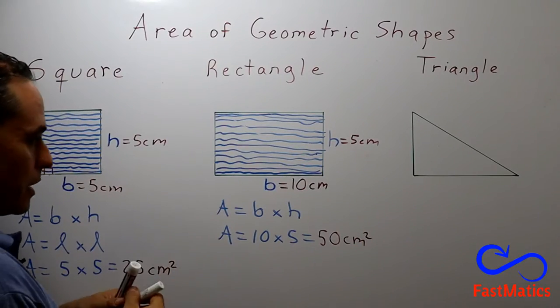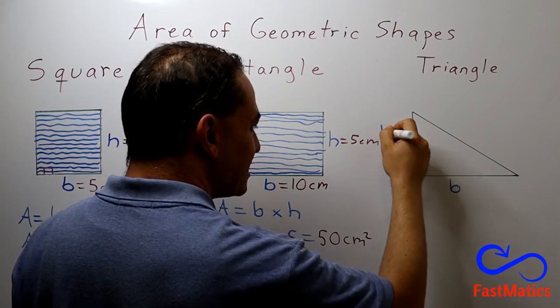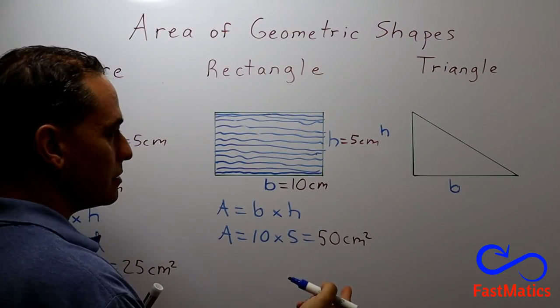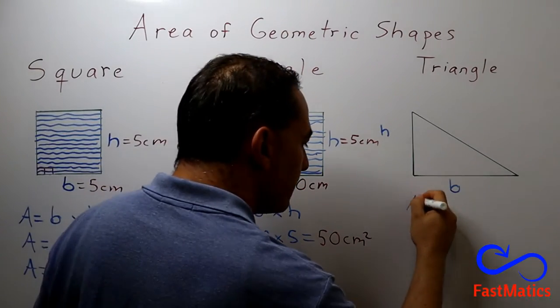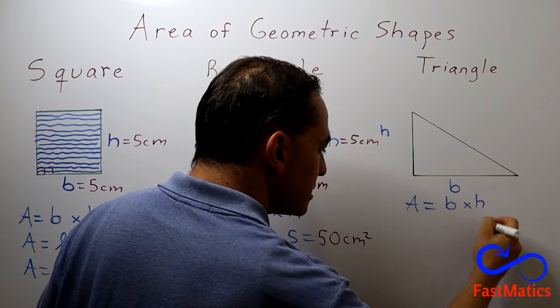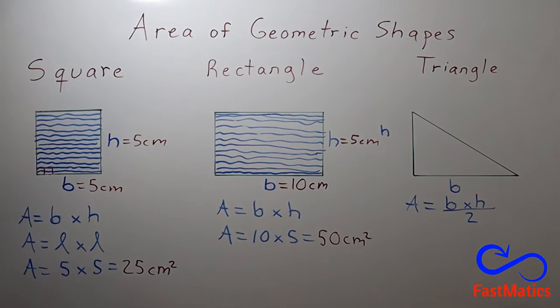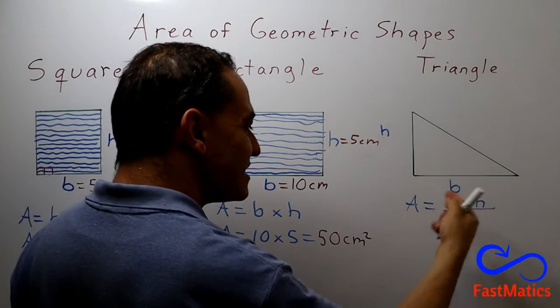So, we have a base, we have a height. If the triangle is half of the rectangle, the formula will be area equals base times height divided by 2. It is very, very important. One half of the base times height.